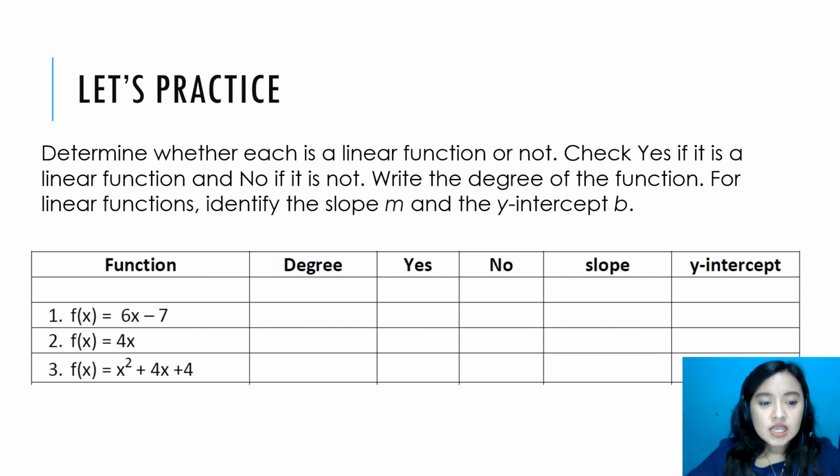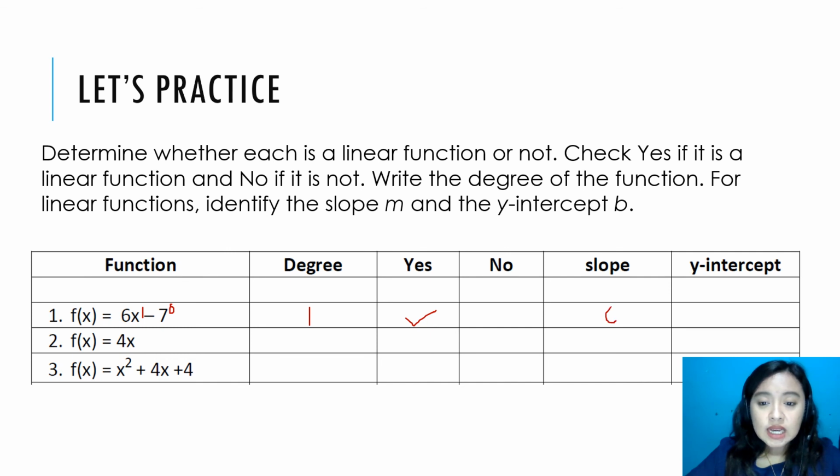So let's analyze. The first one we have f of x is equal to 6x minus 7. So exponent ni 7 is 0, exponent ni x is 1. So pila man ang degree ani niya? Highest exponent niya is 1. So linear function ba na kung na siya exponent na 1? Yes. Pila man ang iyahang slope?